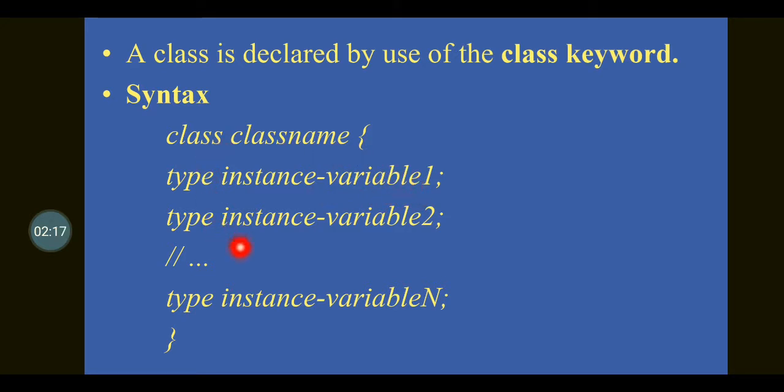Those members we call instance variables, and we can have our own methods inside the class. After that we have to close the brace. In C++ we close the brace with a semicolon, but in Java there is no need for that semicolon.